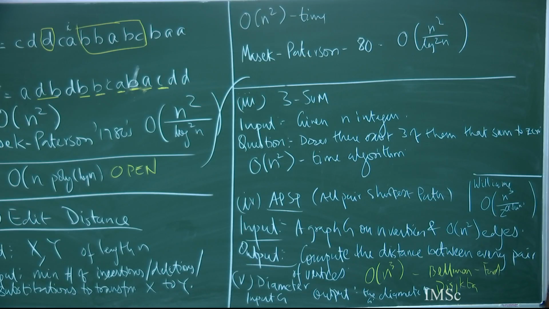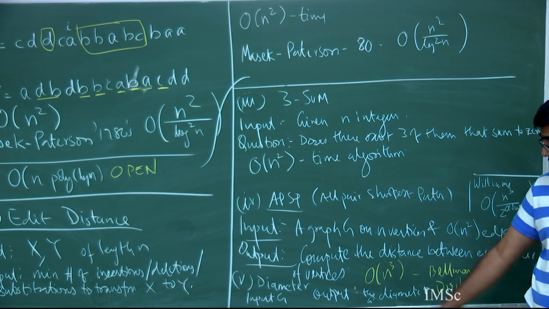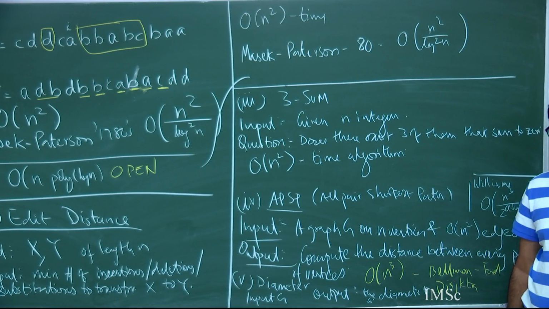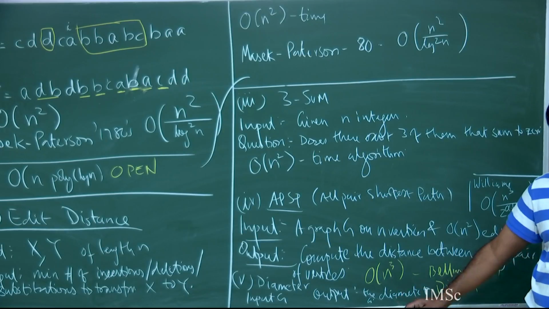Is it possible to compute the diameter of a graph in order n square time? Forget about weights, there are absolutely no weights, just an unweighted graph.